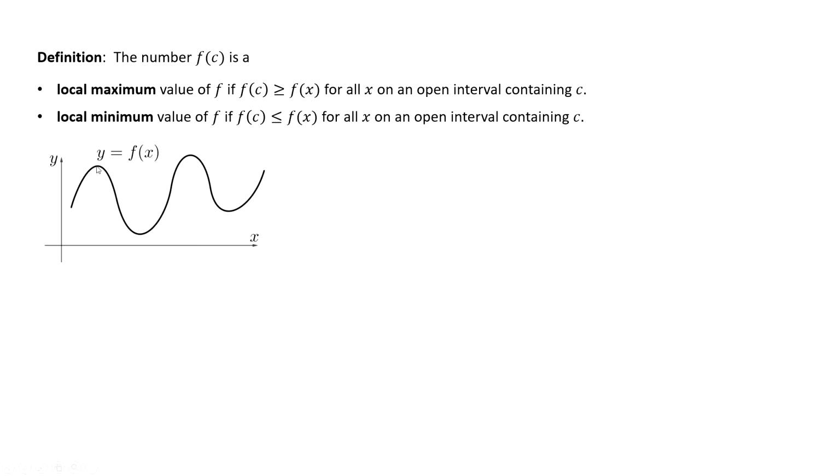Is that the absolute maximum? And you'll say, nope, this value is bigger than that. Okay, cool. So it looks like this is the absolute maximum, right? And which one is the absolute minimum? This is.